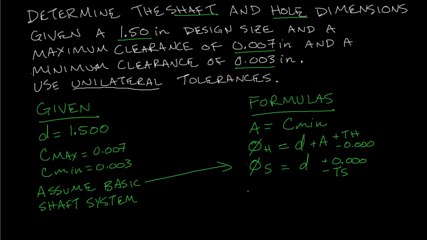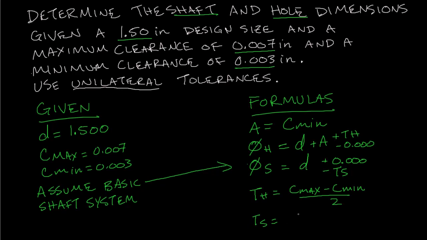Okay, so the hole tolerance is equal to C max minus C min, over 2. Basically, I'm taking half of the clearance and applying it to the tolerance of the hole, and half of the clearance and applying it to the shaft.